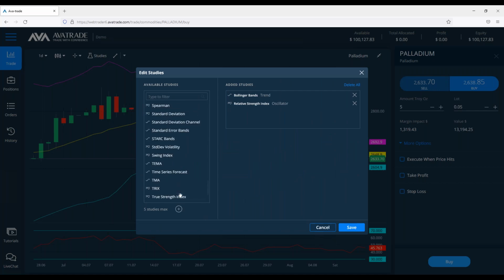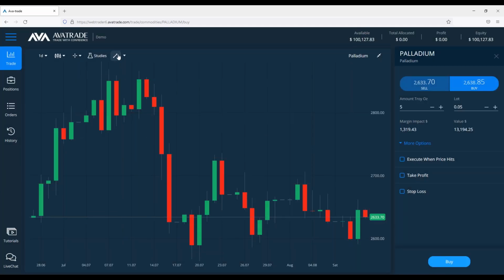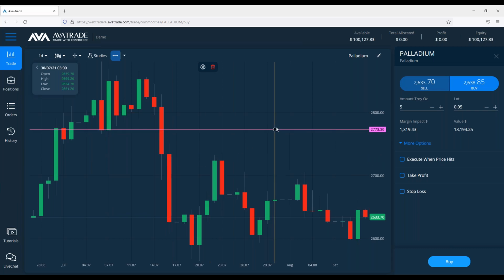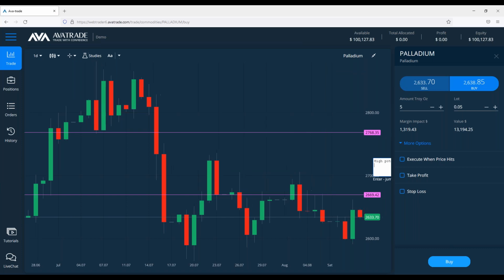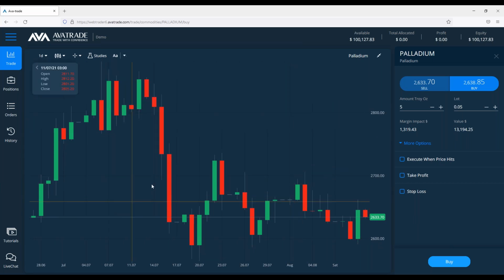If I want to clear, I can either click on this or delete just what I want. Then I have other things I can place on the charts to understand price levels, or if I would like a reminder, I can say high point and drag it across, so it will stay here. Then I can, of course, clean it.